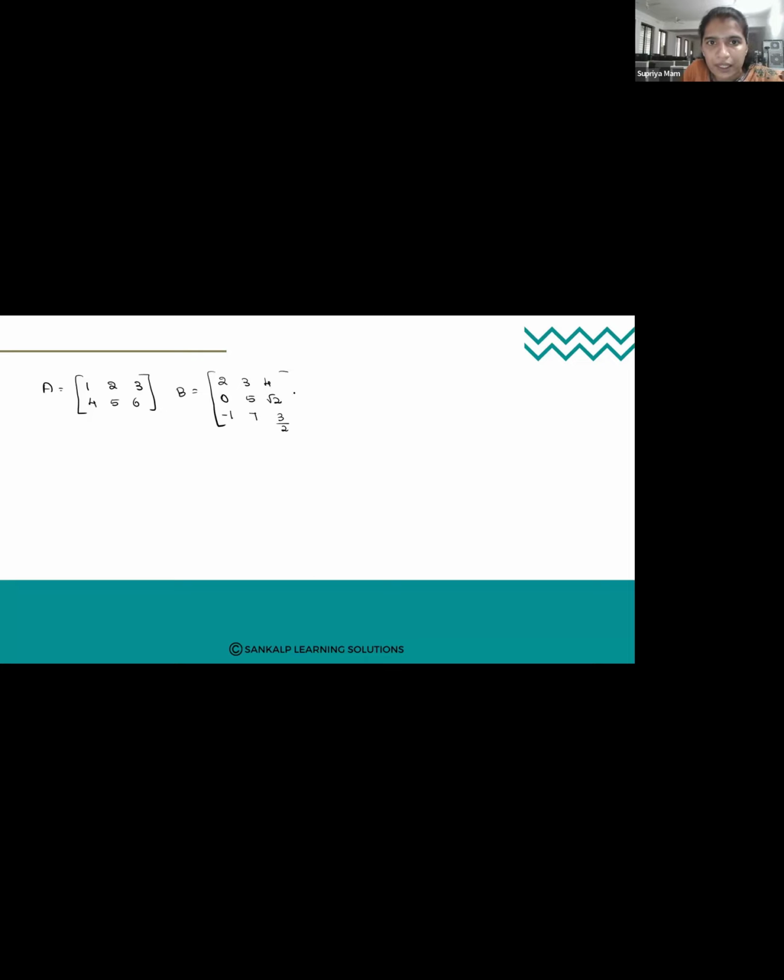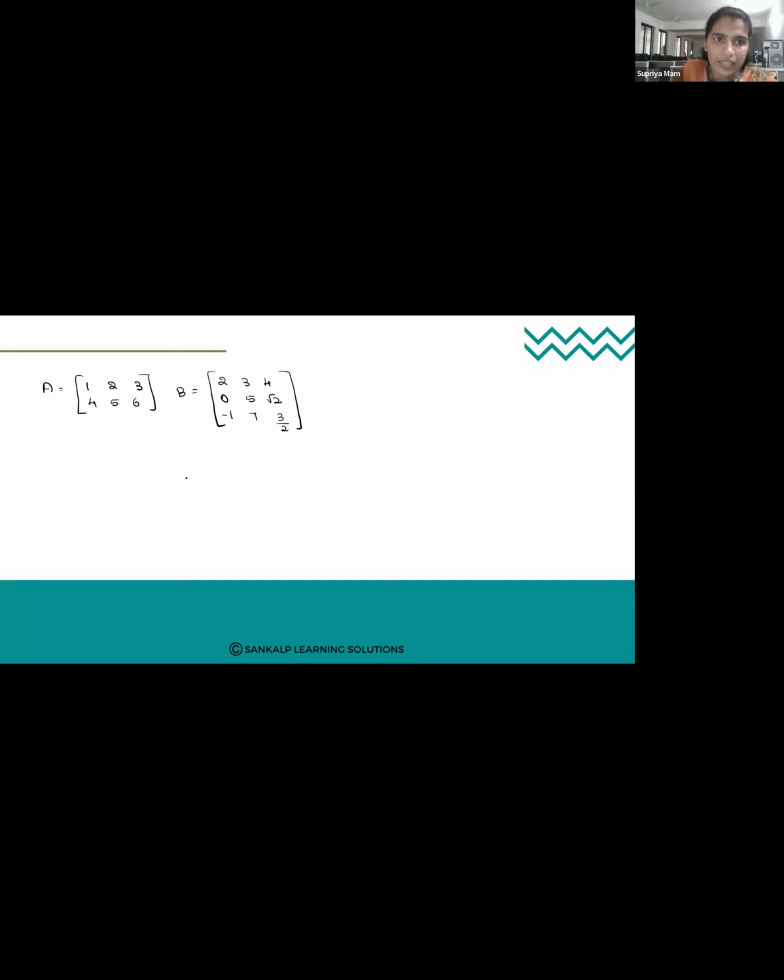One particular matrix, say matrix B. Now, consider the first matrix. In the first matrix, there are 2 rows and 3 columns. Whereas in the second matrix, there are 3 rows and 3 columns.